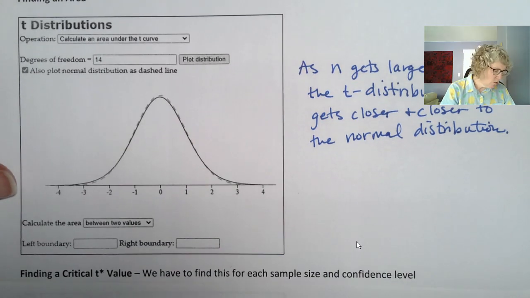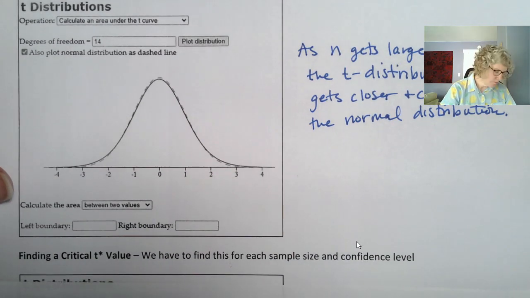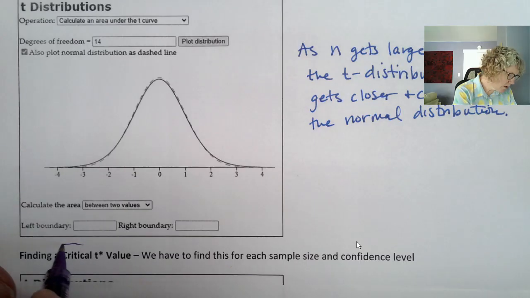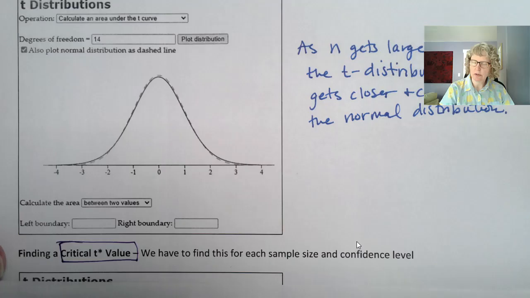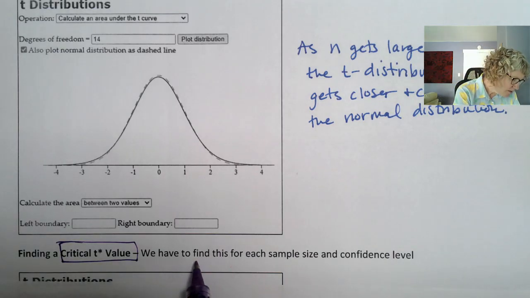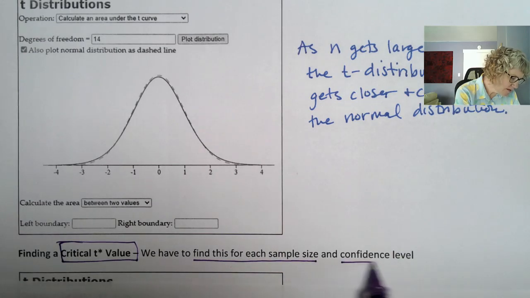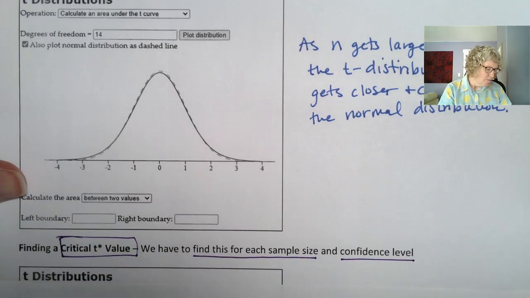Okay, so now what we need for confidence intervals is this critical t-star value. Now you might remember with proportions we had 4 main ones, because we had 90%, 95, 99, and 80, I think. This is not the case for t-stars, because we have to find this for each sample size and confidence level.